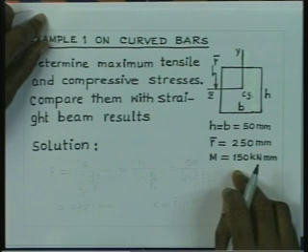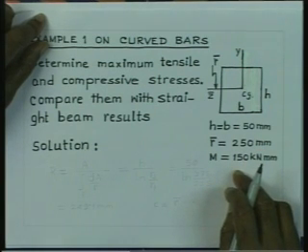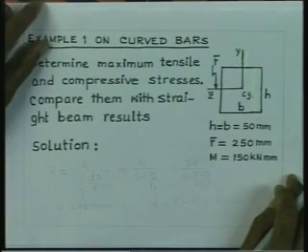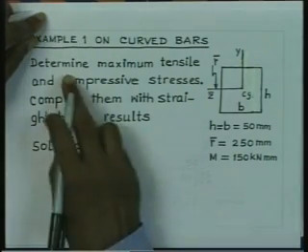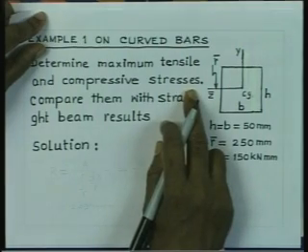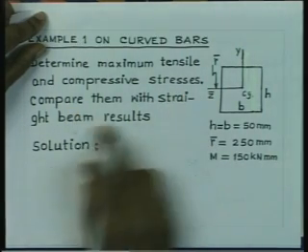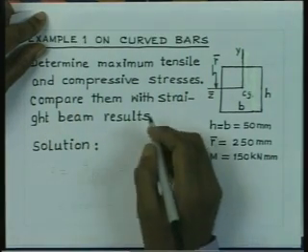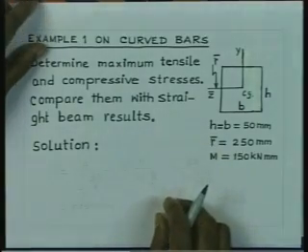The bending moment applied on the cross section is 150 kilo Newton millimeter. So, determine the maximum tensile and compressive stresses in the cross section, and compare them with straight beam results. So, we will proceed with the solution.